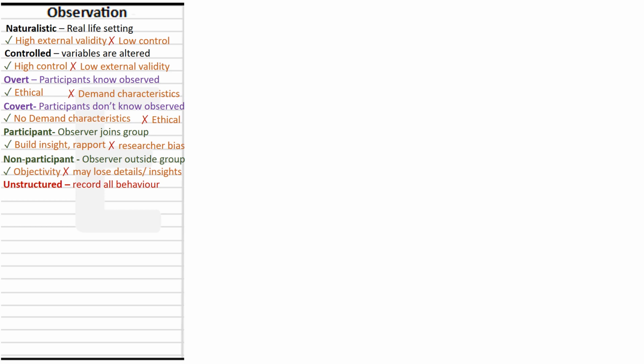So another type of observation would be an unstructured observation. This is where we would just turn up and write down everything that we could. We can't write down all the behaviour because so much might be going on at any stage, but we would just watch what's going on around us and write down what we found most interesting and most important. So we could get a lot of detail by going into an observation and just recording everything we possibly could.